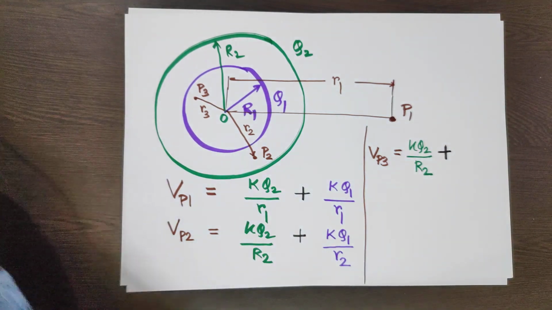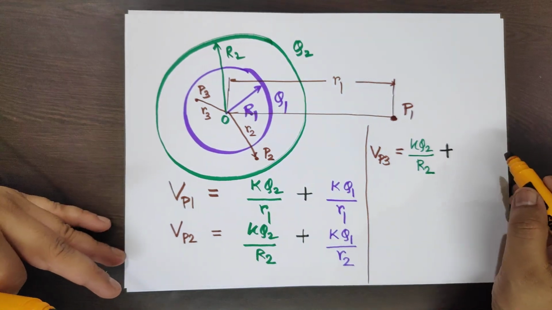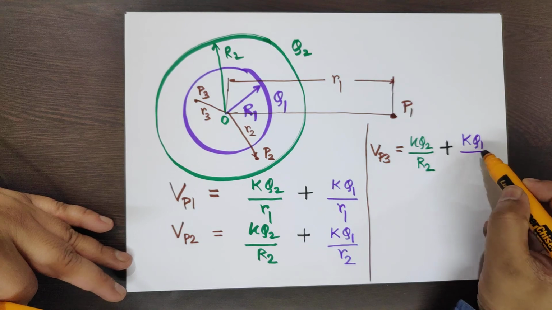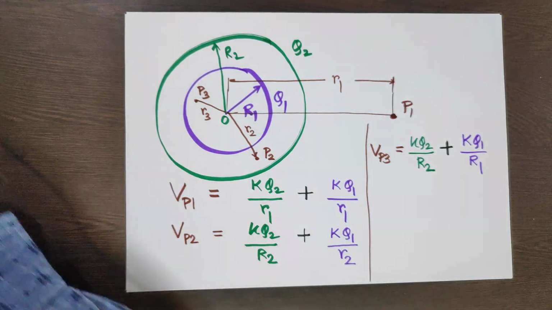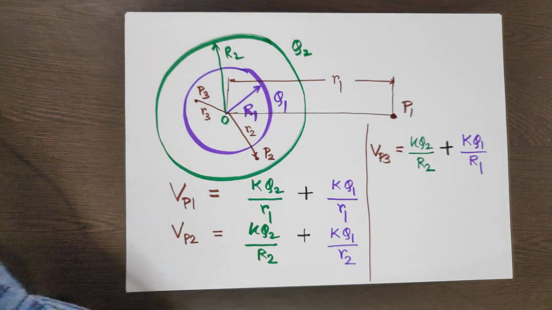Now due to the violet shell, this is also inside. So inside the violet shell, it's kq1 by radius of 1. This is the way to calculate potential due to concentric shells.